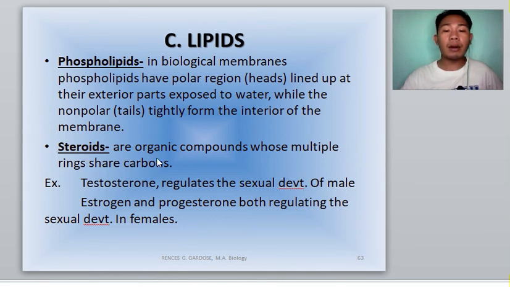Steroids are organic compounds whose multiple rings share carbons. Examples of steroids are testosterone for the male, which regulates the sexual development of males, and estrogen and progesterone, both regulating the sexual development of females.